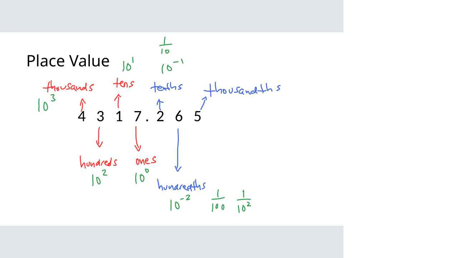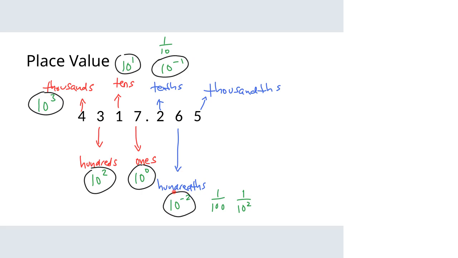You can kind of see the pattern here too. We have 10 to the third, 10 to the second, 10 to the first, 10 to the 0, 10 to the negative 1, 10 to the negative 2, and then as you would expect, the thousandths place is 10 to the negative 3. That's just looking at how our place value system is so closely tied to our base 10 number system.